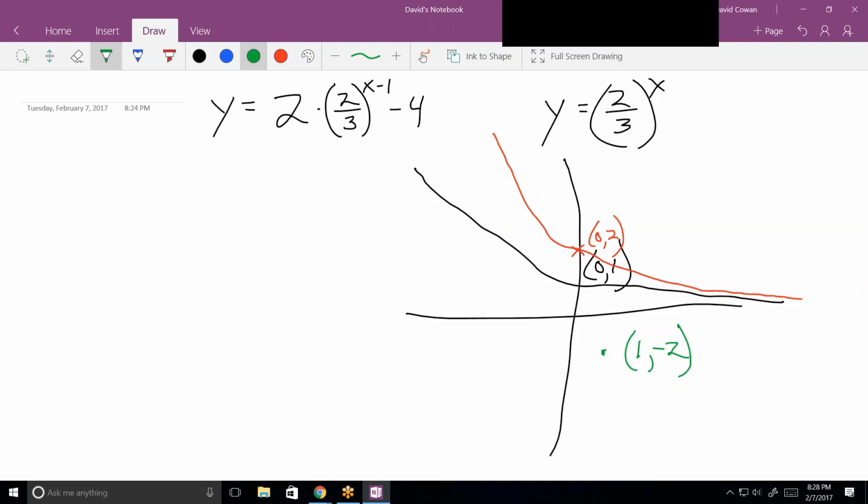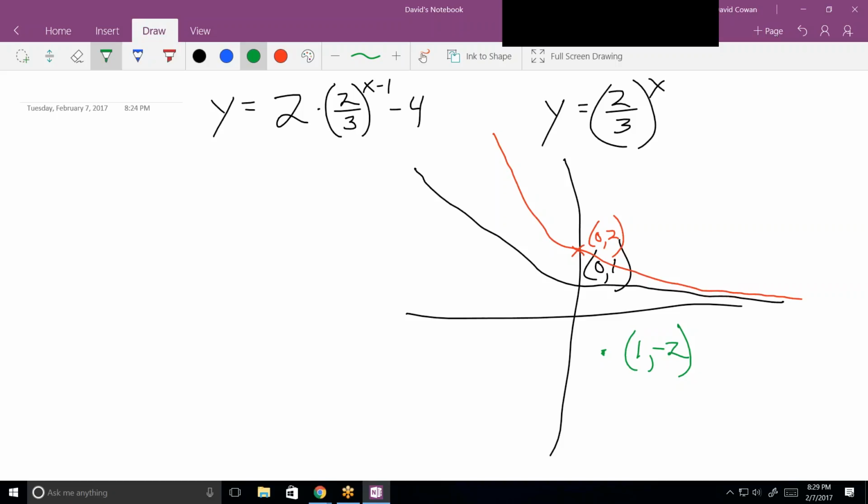Yeah, because right now it's at 2. In other words, the vertical stretch moved it up from 0, 1 to 0, 2. If I take that point and move it right 1 and down 4, I get this green point. Okay, I get that.